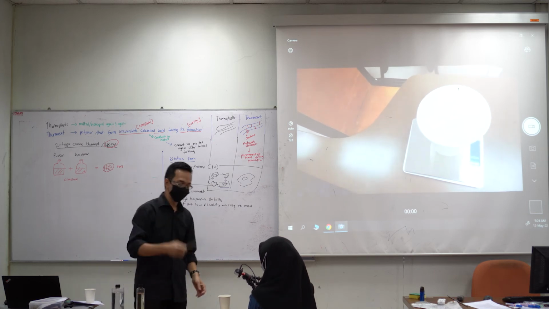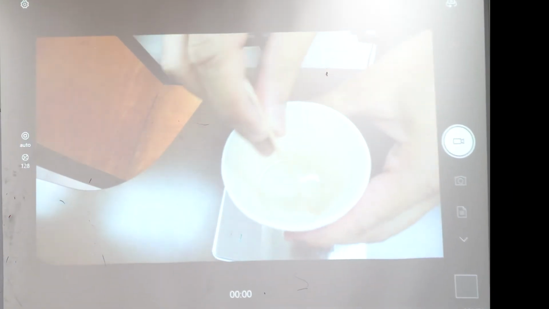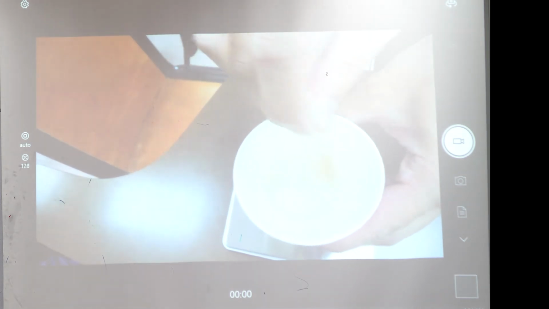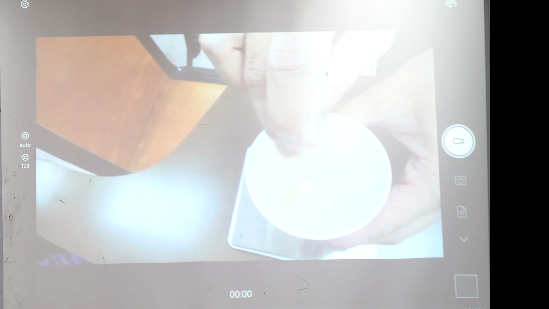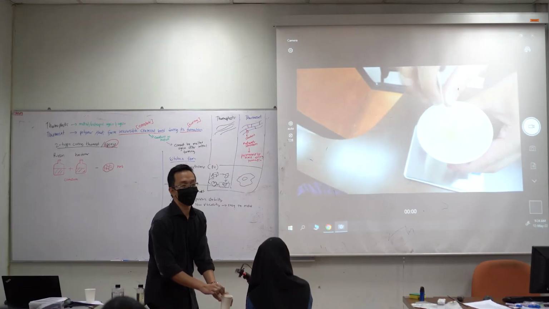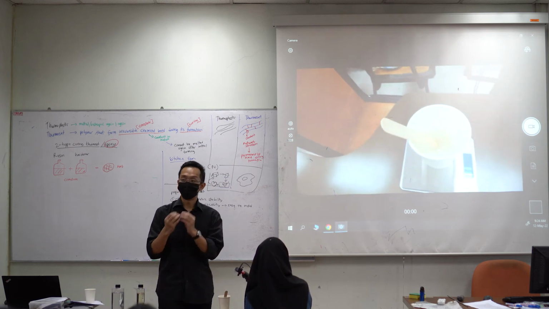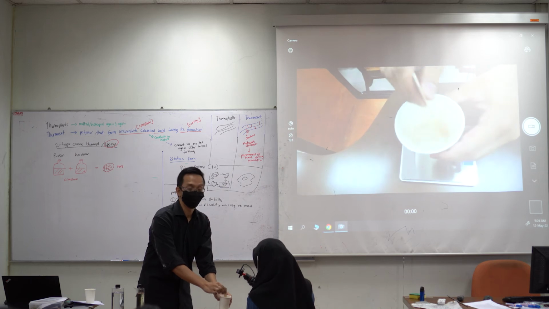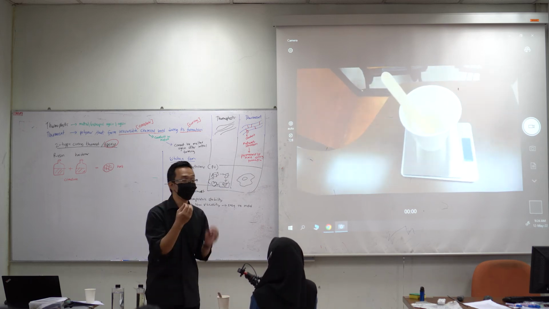So I have this popsicle stick, and I swirl it slowly and gently, because if you do it very quickly, bubbles will be formed. Remember, this is not like water, this is like honey, it's viscous.